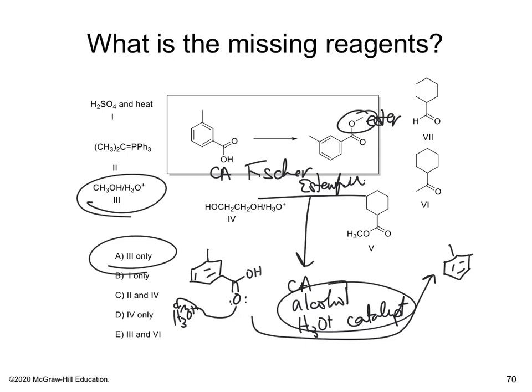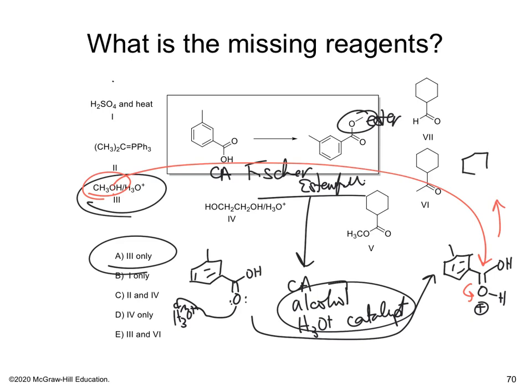So the first step is going to be protonation of the carbonyl oxygen, and then your alcohol, CH3OH, can do a nucleophilic addition to make your tetrahedral intermediate. You've got to have four things there.